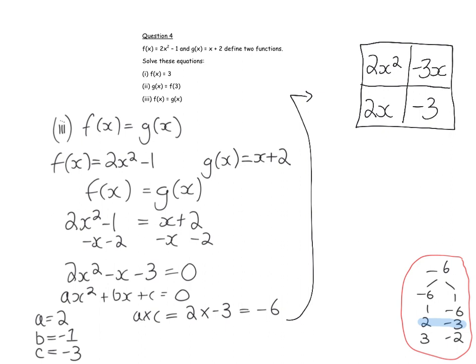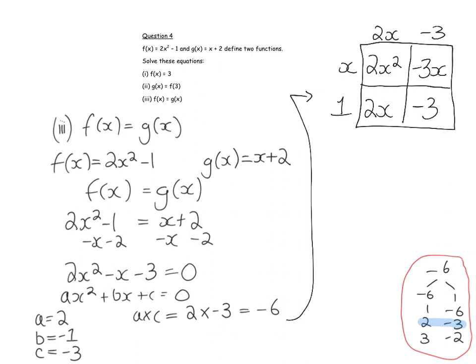The next thing you say to yourself is, what can I divide out of both 2x squared and 2x? Well, I can divide 2x. And when I divide 2x squared by 2x, I'm left with x, that goes there. Then you say to yourself, what can I divide out of minus 3x and minus 3? I can divide minus 3. So when I divide minus 3 by minus 3, I'm left with 1.